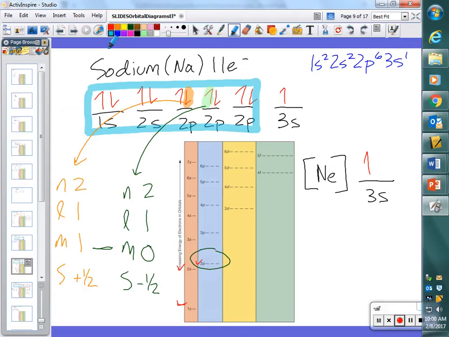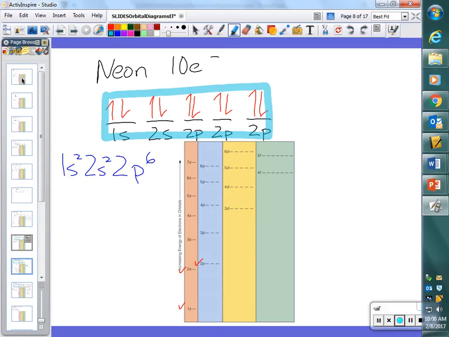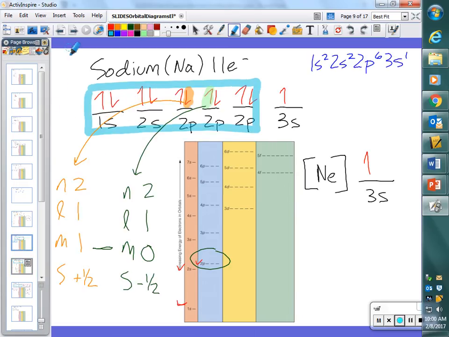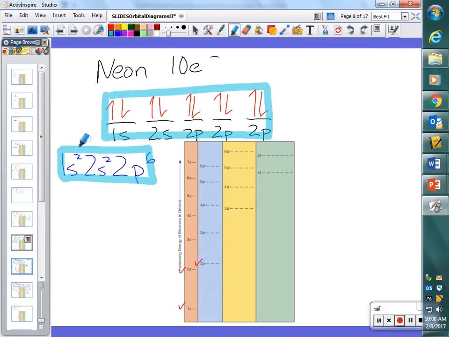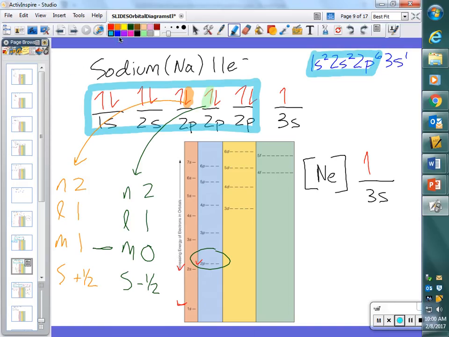This blue box, we said, was the same for sodium as it is for neon. Those two blue boxes, right? The first part of sodium's electron configuration and the beginning part of neon's electron configuration, again, are exactly the same. So we can shorten our electron configurations the same way we did with our orbital diagrams.